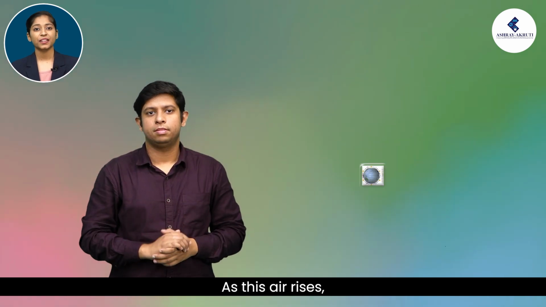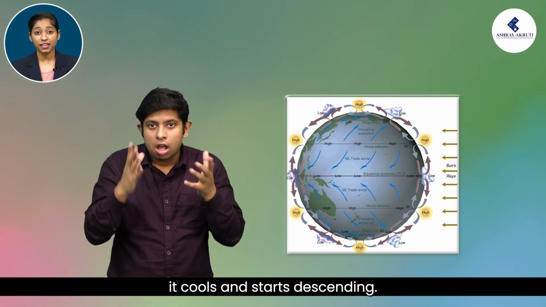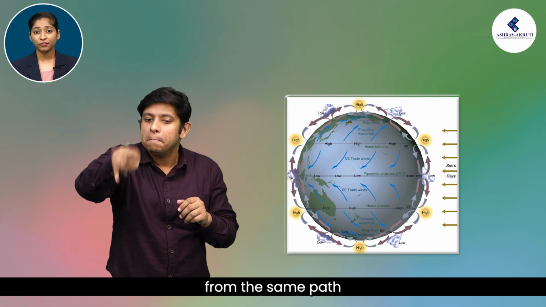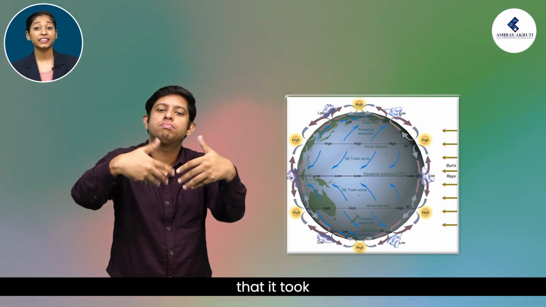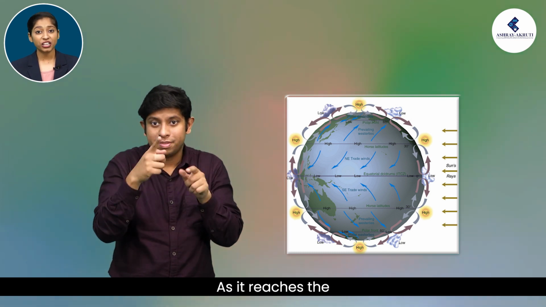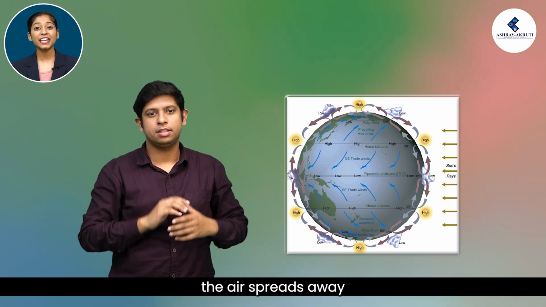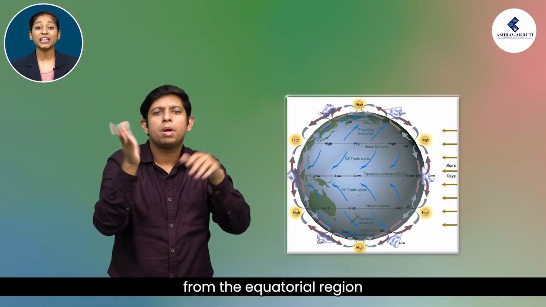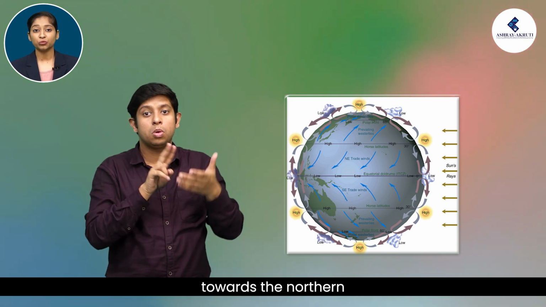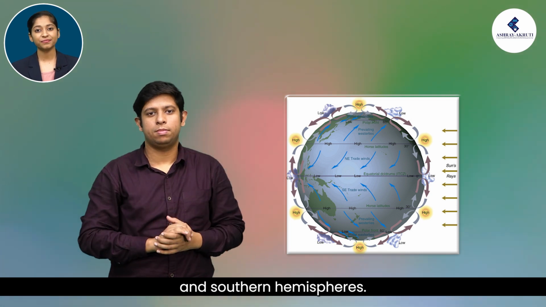ITCZ. As this air rises, it cools and starts descending. But it cannot come back from the same path that it took when it went up. As it reaches the higher layers of the atmosphere, the air spreads away from the equatorial region towards the northern and southern hemispheres.